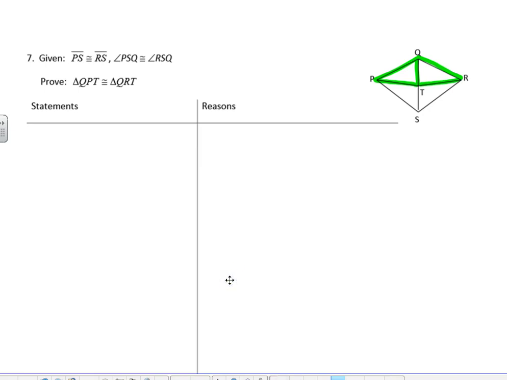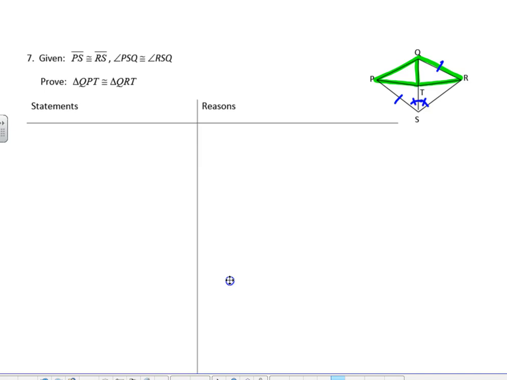We're given that PS over here is congruent to RS over here, and then we're given that angle PSQ, this angle, is congruent to this angle here, RQS. So over here, those two angles.